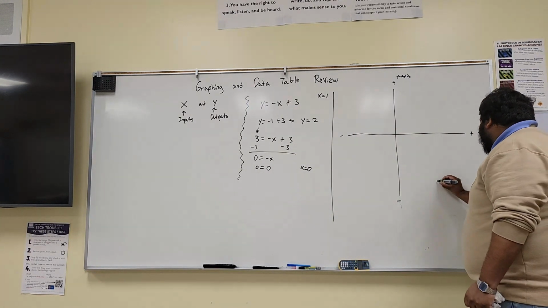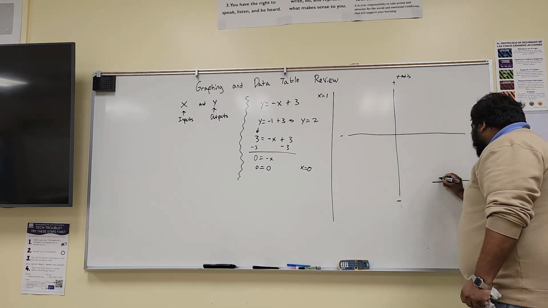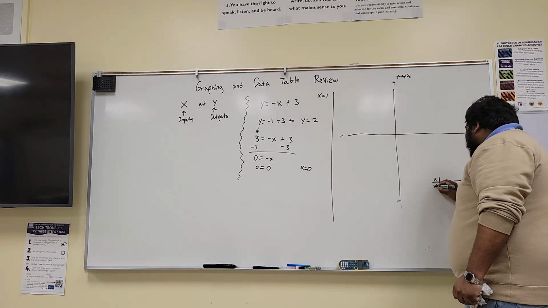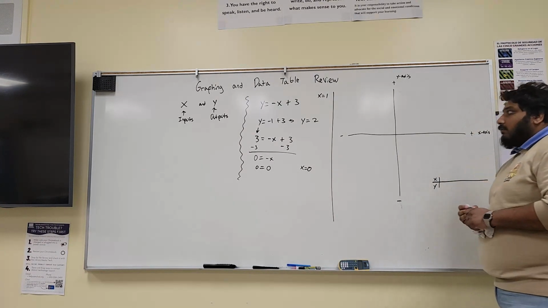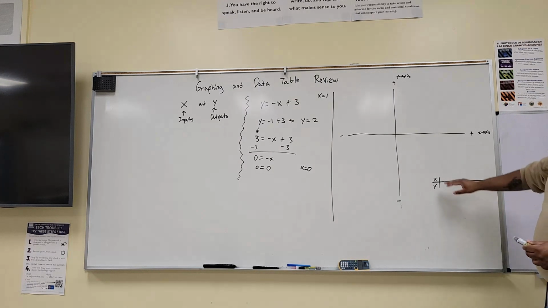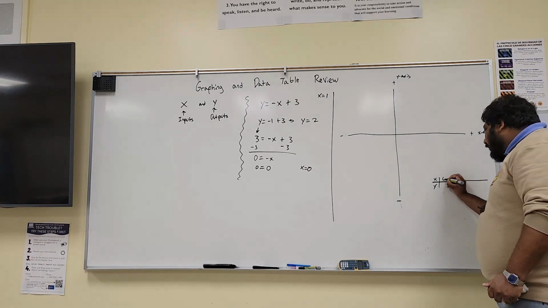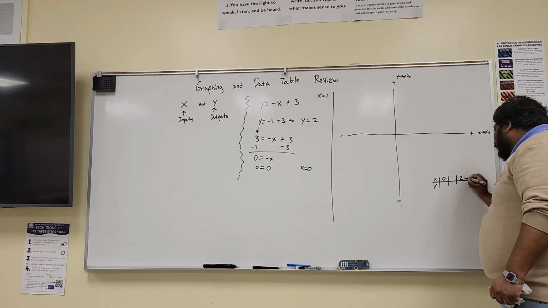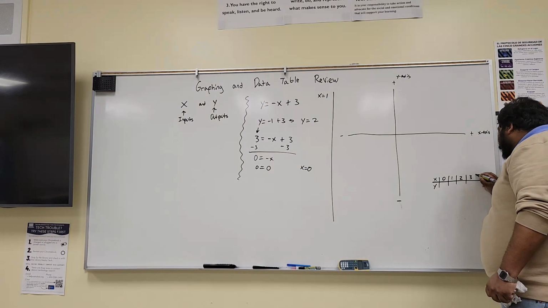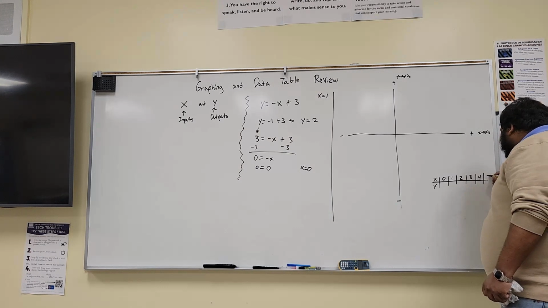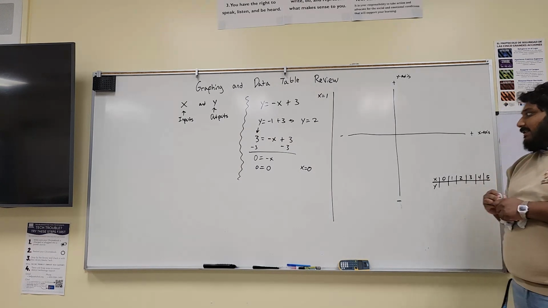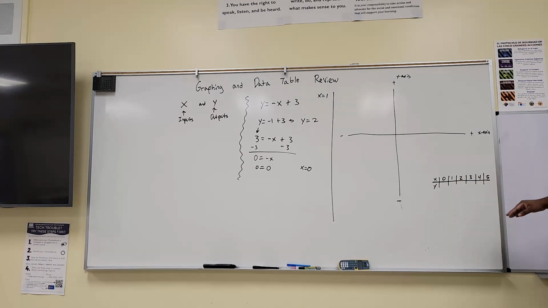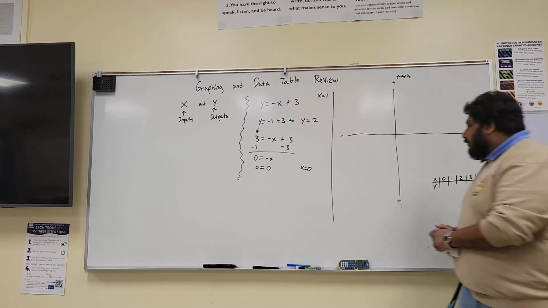But if we make a table where we have x and y, we can say we're going to test our x values from 0 to 5. We're just saying that x can be any of these values. They're just existing. We're saying we're going to test these values for x.